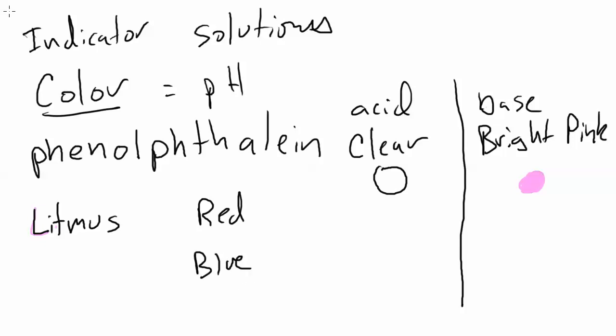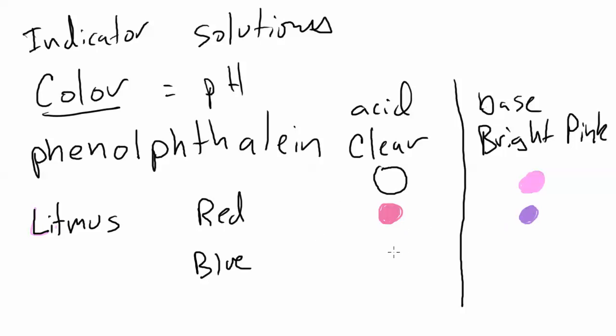Red litmus will be a reddish color. It's not perfectly red, it's kind of reddish. A reddish color in acid, and it turns a bluish color in a base.